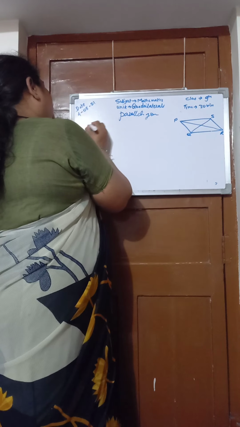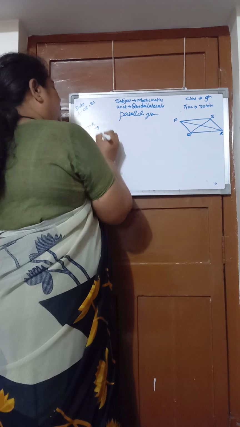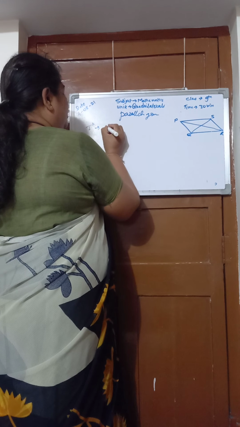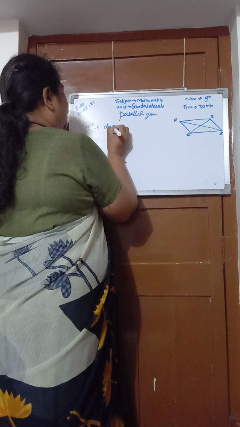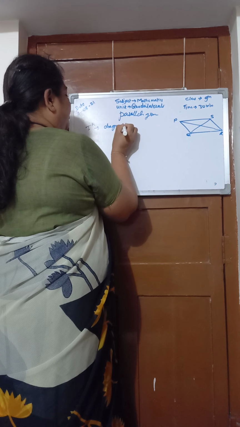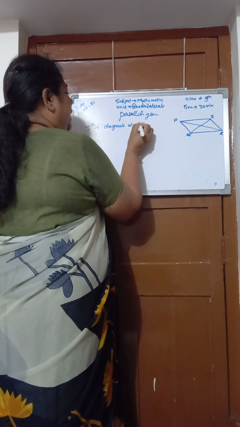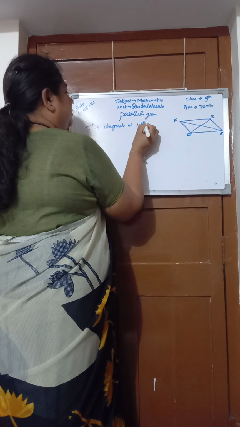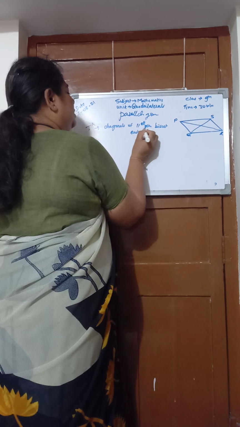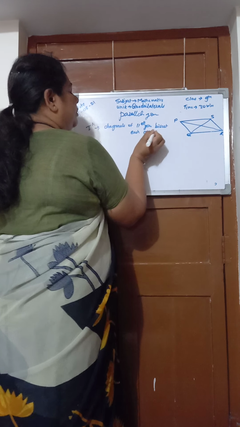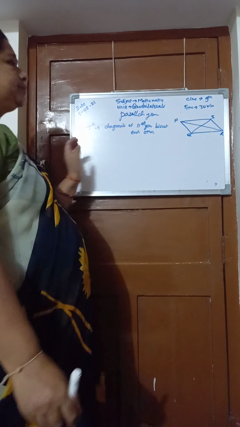What is the second theorem? Diagonals of a parallelogram bisect each other. Bisect each other. Okay. We have to prove it.